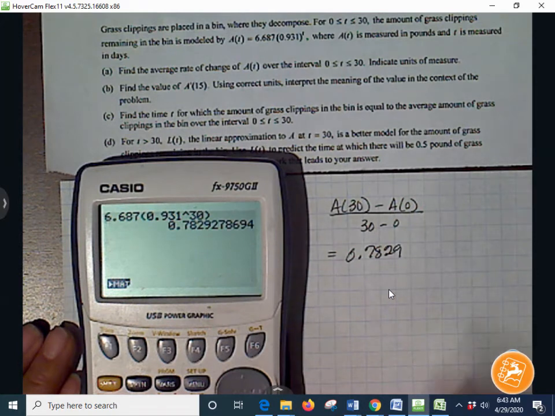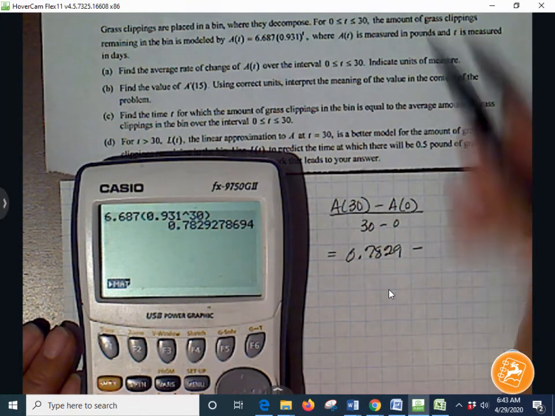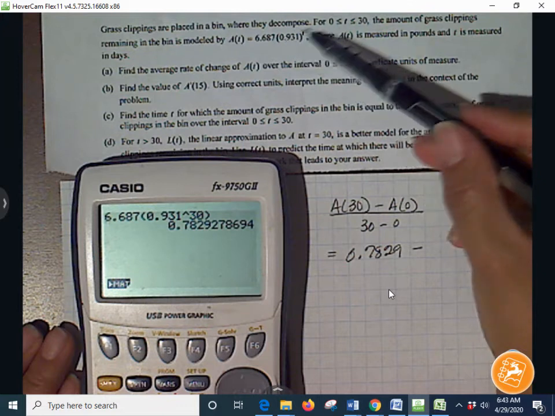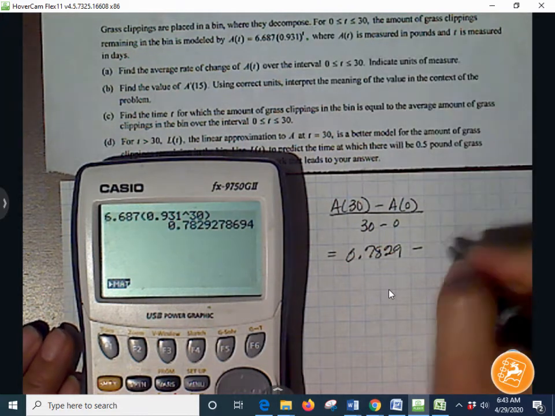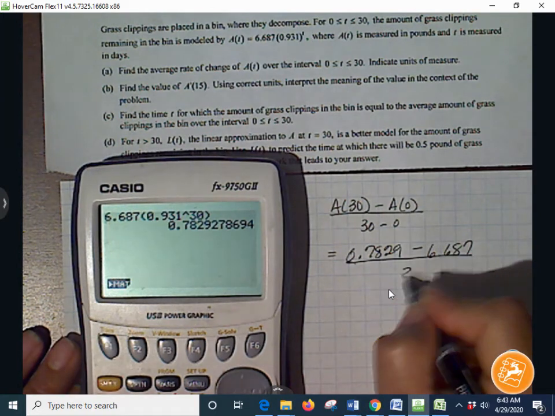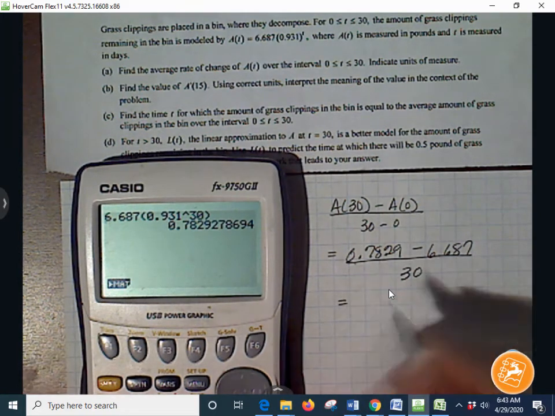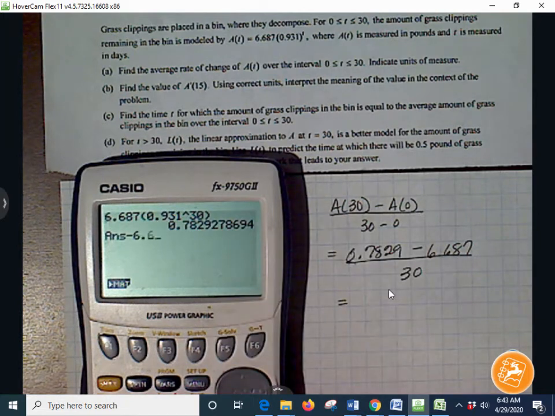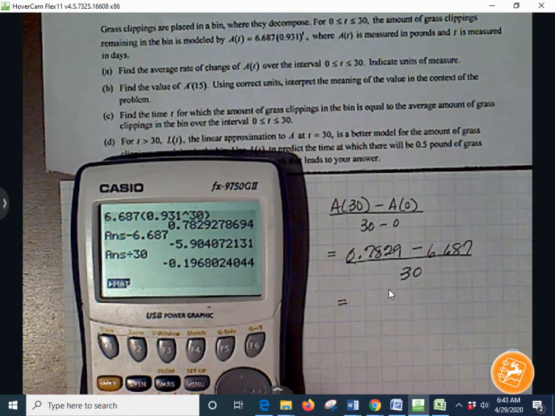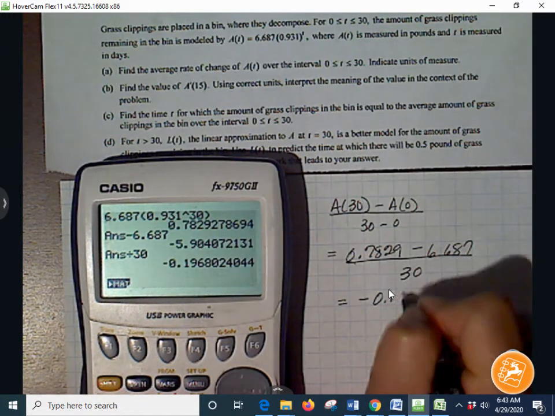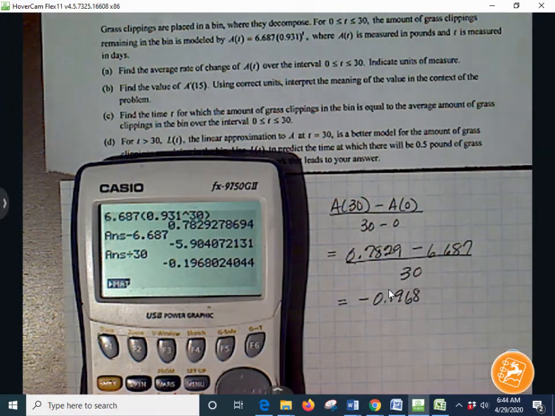Minus, now when I put in 0, that means I'm putting 0 in for t, which means that part is going to go to 1, so you don't need a calculator for that, divided by 30. So let's see what I have. I take that minus, and then divide by 30, and it's negative 0.1968. Okay, so now I have an answer.